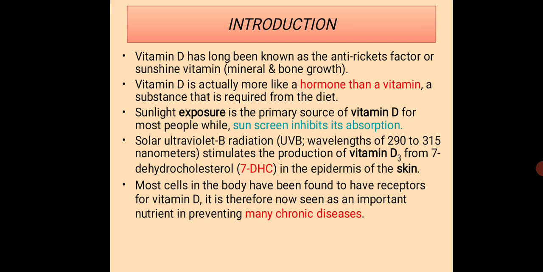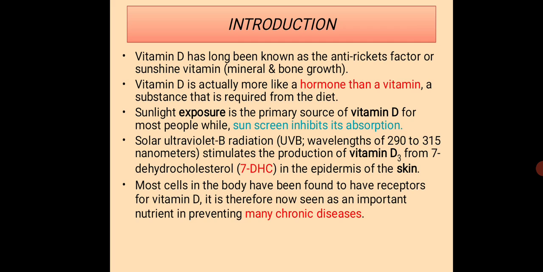Introduction of vitamin D. Vitamin D has also been known as the anti-rickets factor or sunshine vitamin, important for mineral and bone growth. Vitamin D is actually more like a hormone than a vitamin, a substance that is required from the diet.